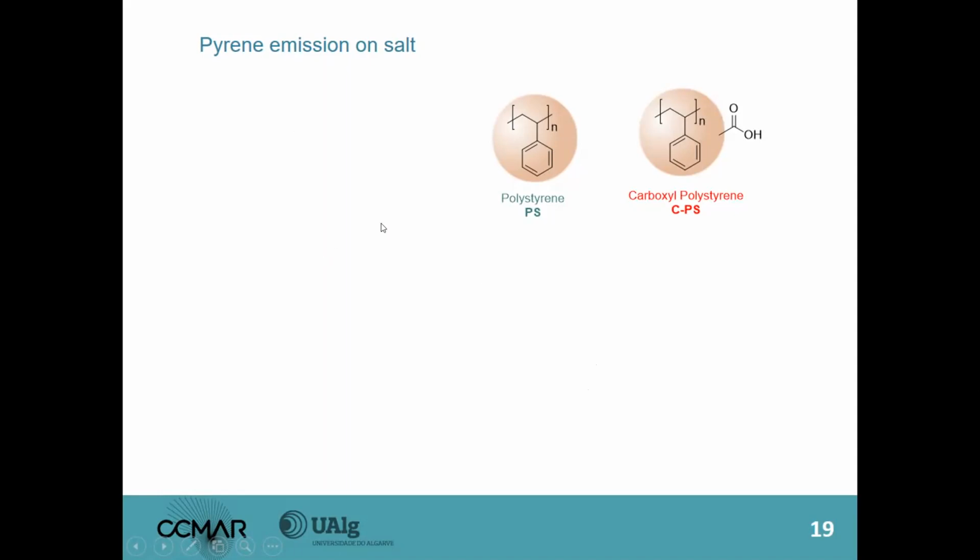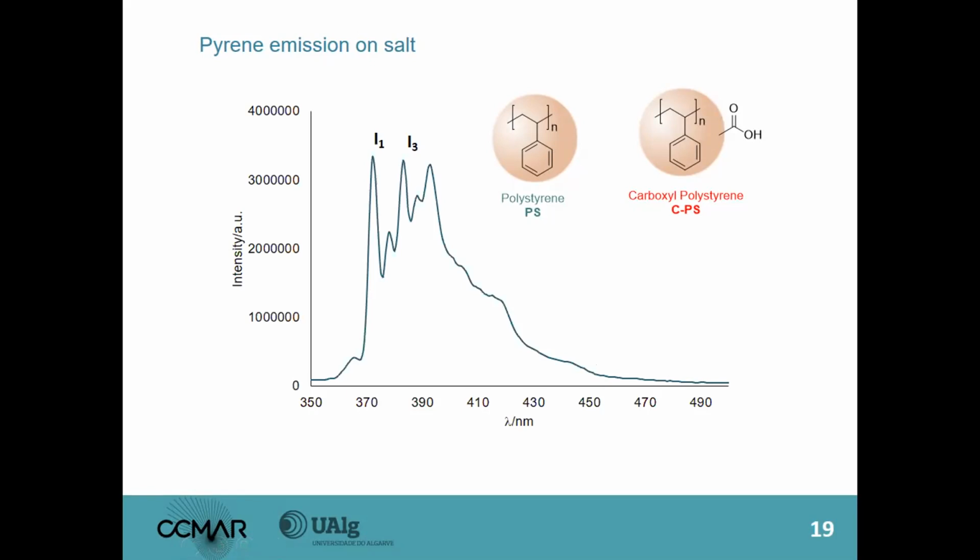This is the spectrum of pure polystyrene, with the two bands I1 and I3, and carboxylated polystyrene gives essentially a similar spectrum, meaning that this fluorescence sensor is also able to detect degraded particles of microplastics.